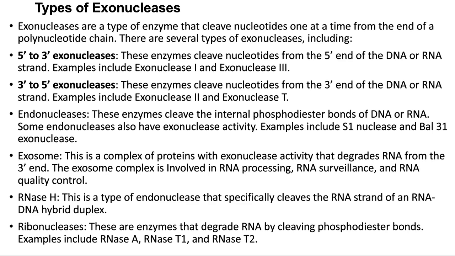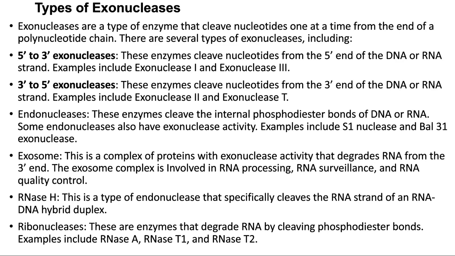Now, we've talked about exonucleases. Remember, we say they cut from one side or the other. So what are the types of exonucleases? We have the 5' to 3' exonucleases. As the name says, you already know what it should be doing. It's cutting the DNA sequence or the RNA sequence from the 5' end to the 3' end. An example includes exonuclease 1 and exonuclease 3.